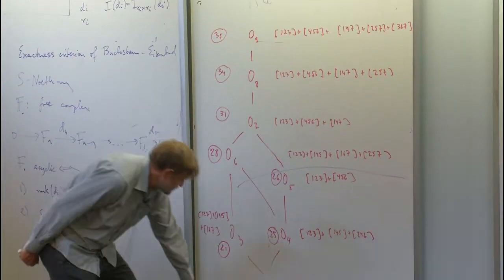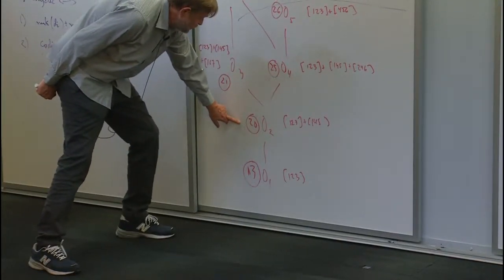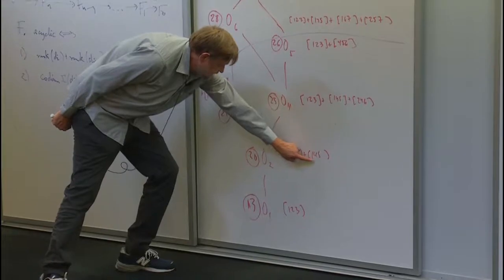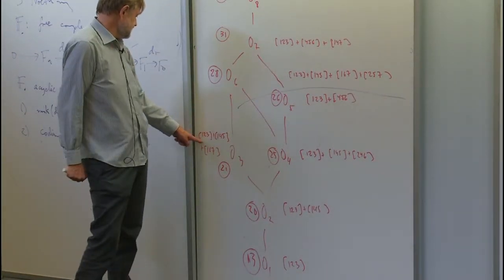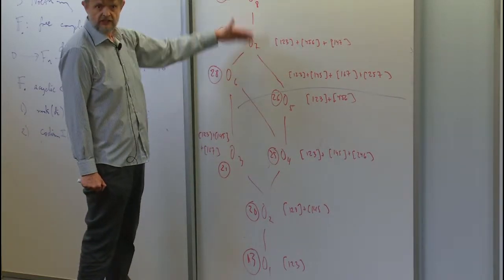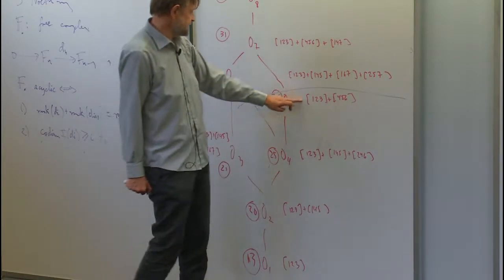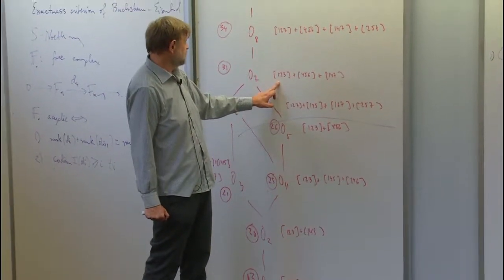You can see these are just tensors of rank 1, these are tensors of rank 2, but they are divisible by a linear form. These are general tensors that are divisible by a linear form. So you can give an interpretation to all of those, right? This is the second secant of the highest weight vector orbit. This is the third secant of the orbit of the highest weight vector.